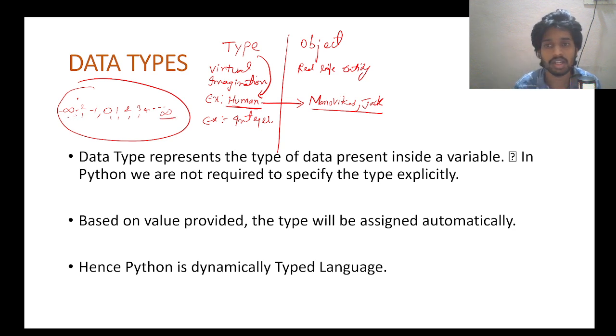The integer is called the type because we grouped similar objects here. The real life entities, 0, 1, 2, are called the objects. So type is nothing but grouping similar kinds of objects.